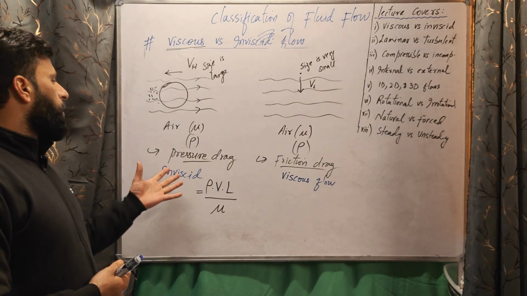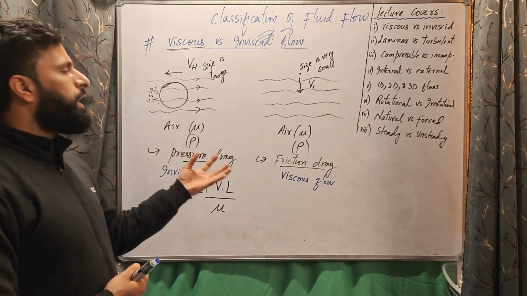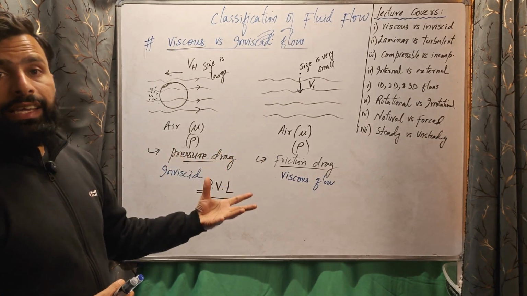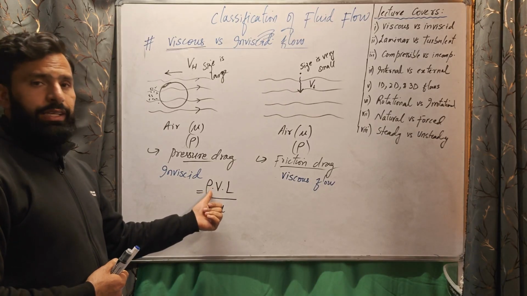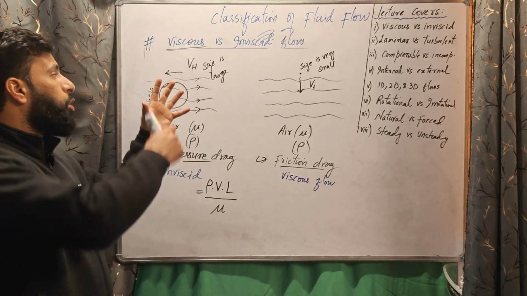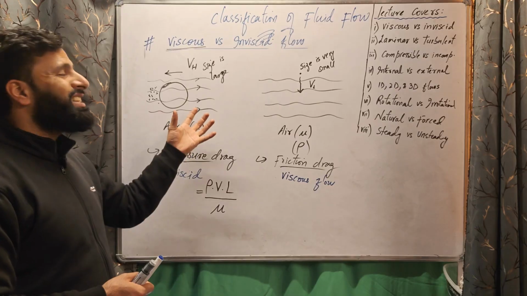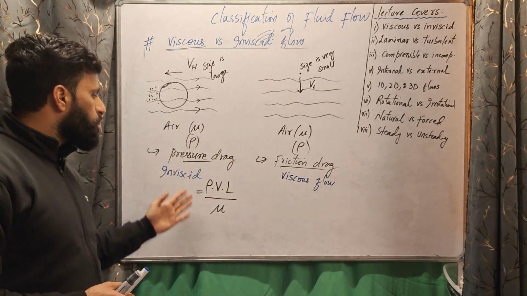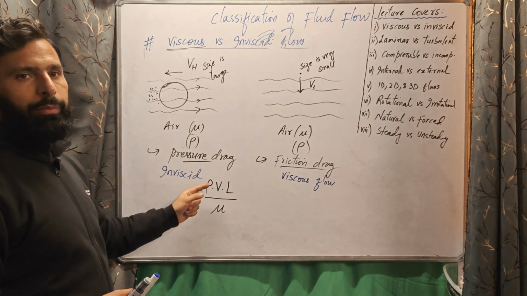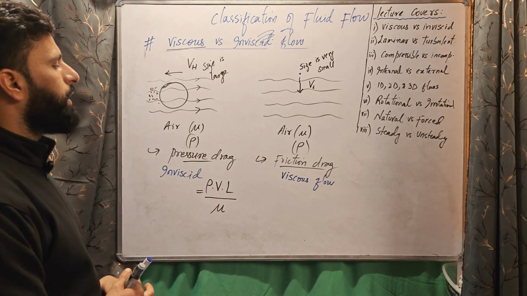So if a flow is inviscid, the viscous domination will be less, friction drag will be negligible, and pressure drag will be significant. Velocity very high, body size large, density high, but viscosity low: these four parameters together collectively define whether a flow is inviscid or viscous.